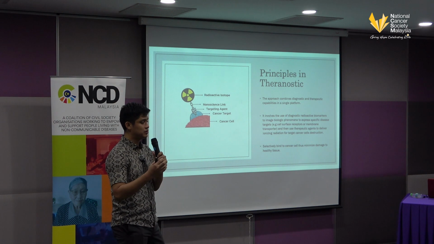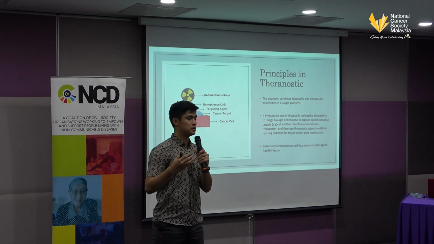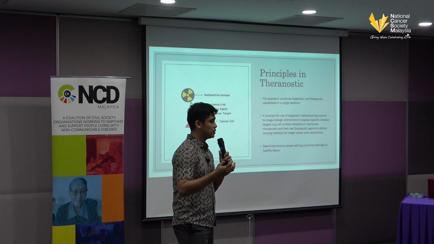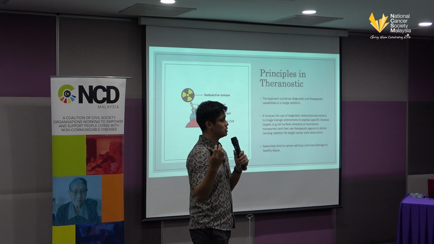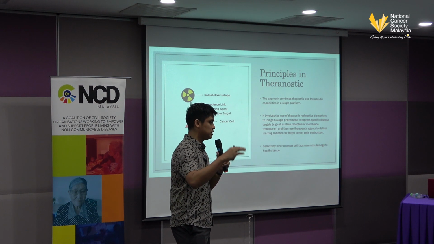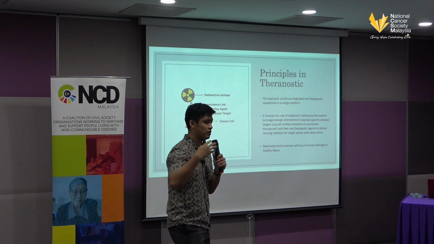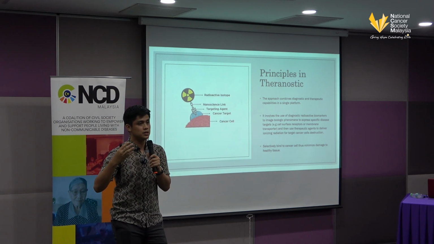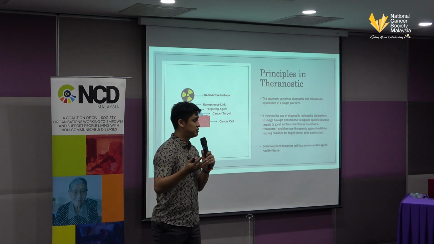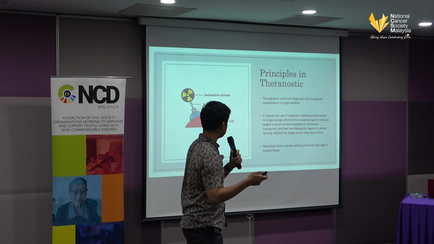The function of the linker basically is to act as the stimuli, where when there's a stimuli, then only will the radionuclide be released. For example, the alpha and beta radiation will be released and exert the therapeutic effects.